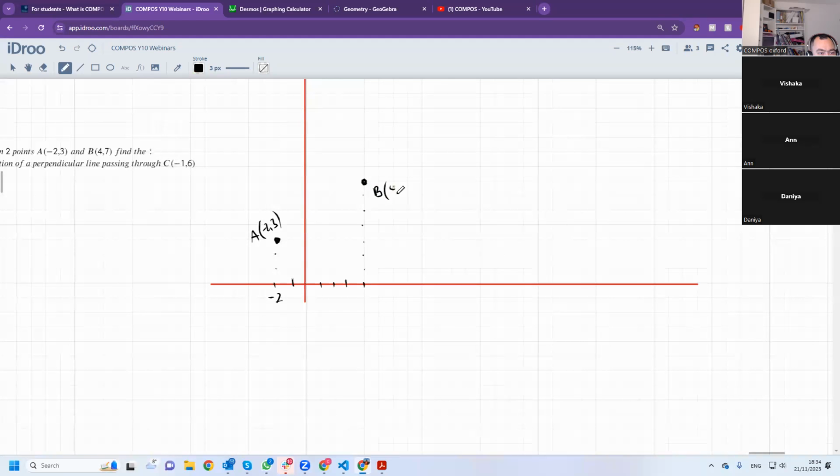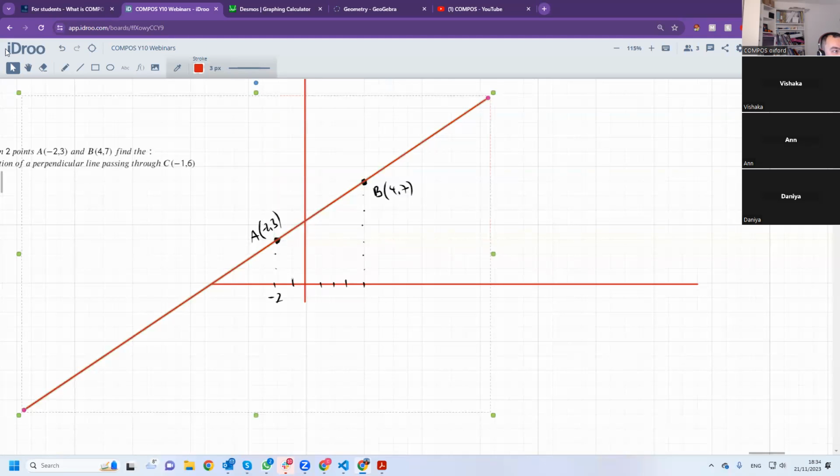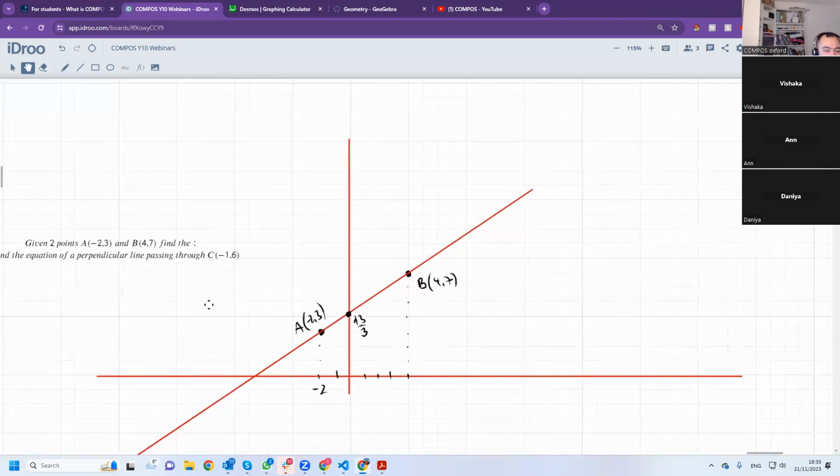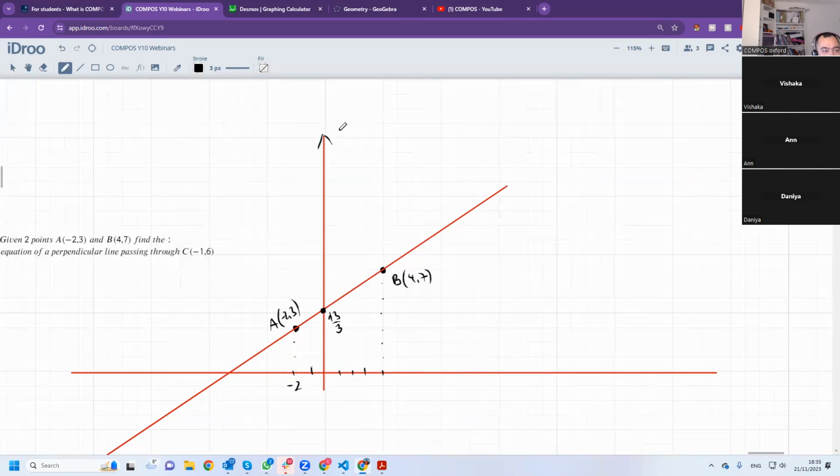So this is B, 4, 7. And we have a line passing through, which makes sense. And 13 thirds, that's the y-intercept. So this is 13/3. We could work this out as well, but that's not necessary at this time. So this is y, this is x.